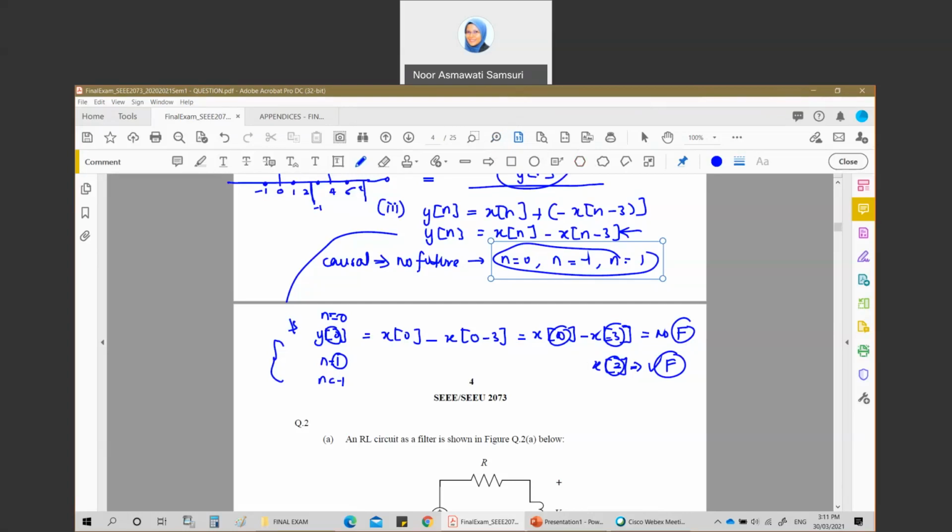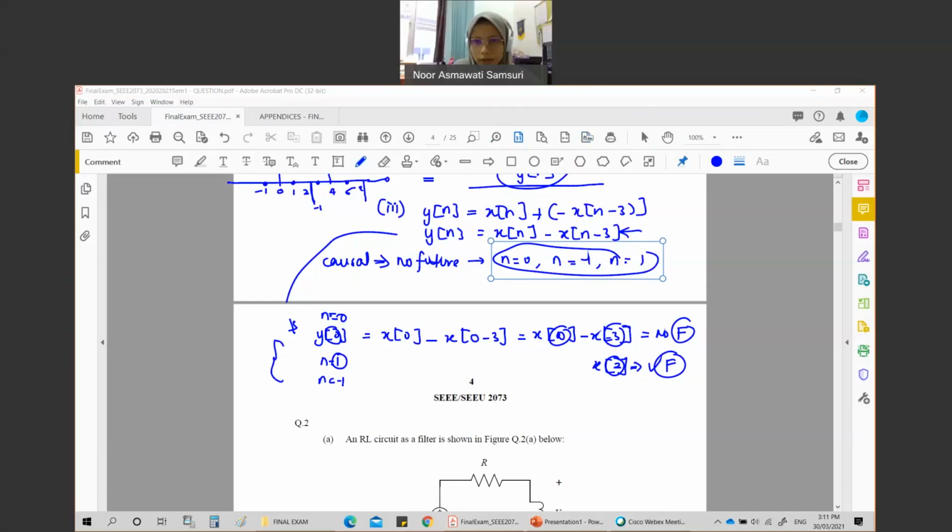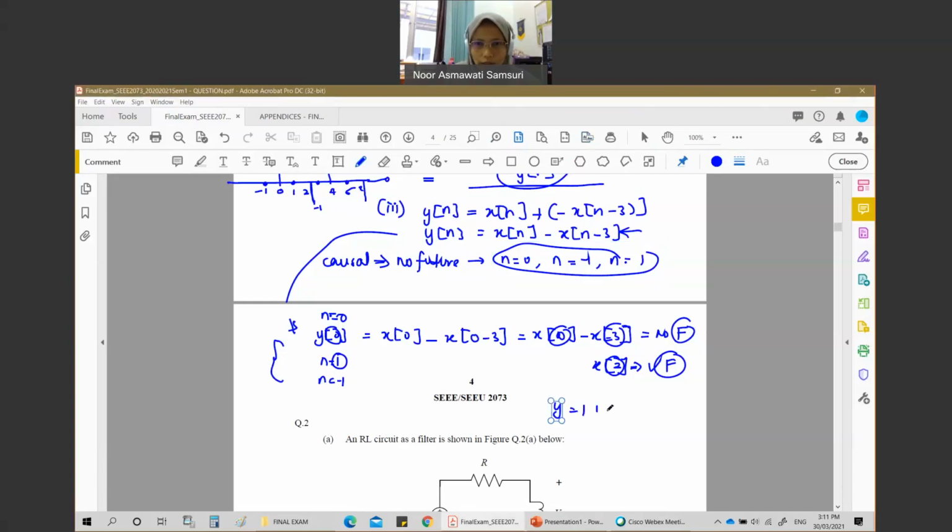All right. So I think with that, I end discussion on chapter 1. Please prepare. I believe you can score full marks if you jot down every single step. Even if you want to write y equals 1 plus 1 equals 2, it doesn't matter.